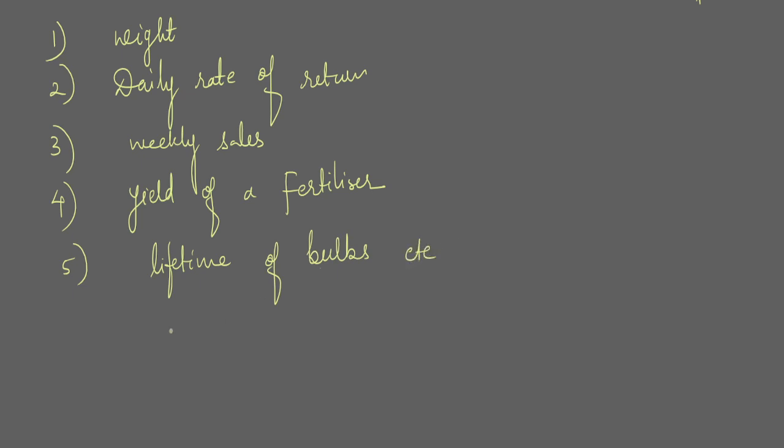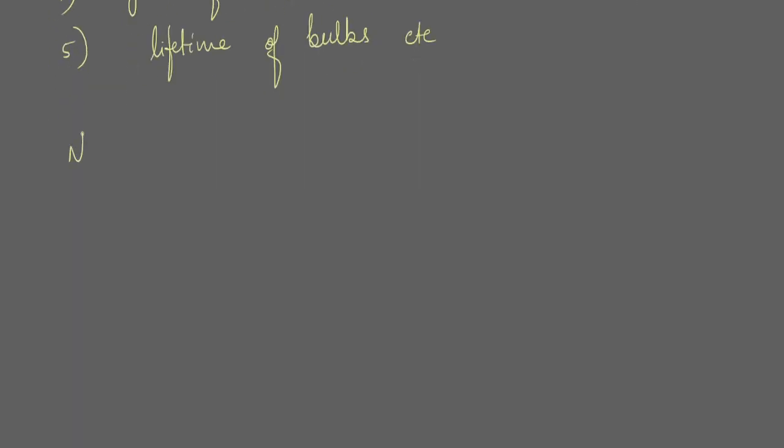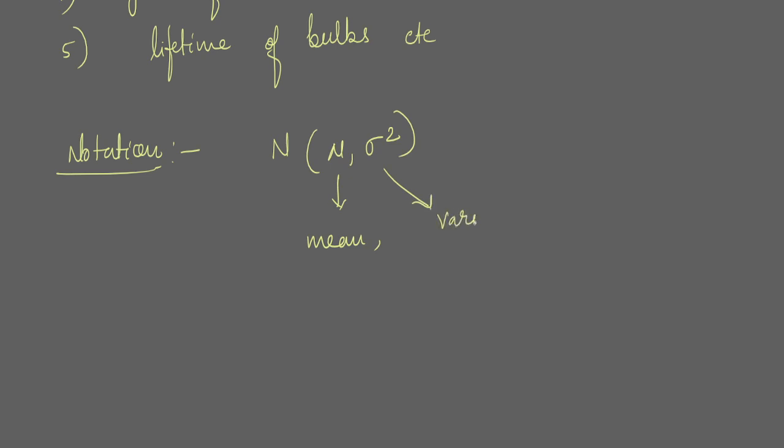Now coming to the notation of normal distribution, it is denoted by capital N (mu, sigma square), where mu is the mean and sigma square is the variance. That is, sigma is nothing but the standard deviation. So we can say that normal distribution is described by the population mean mu and standard deviation sigma.